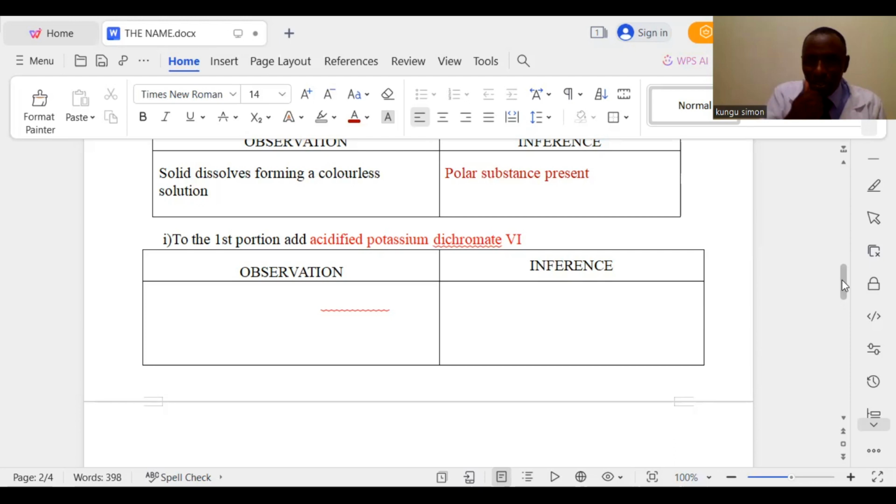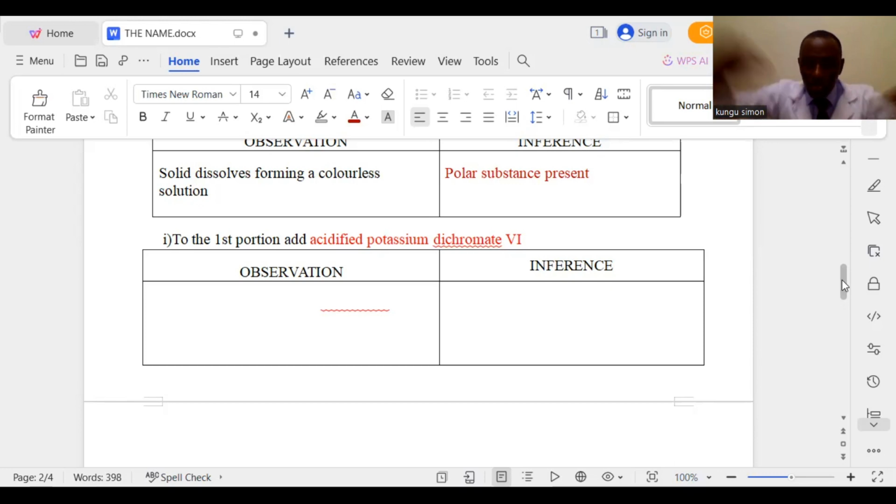I repeat it again because in organic chemistry, there are two reagents that we can use to confirm some compounds or homologous series. We have potassium dichromate VI, which confirms the ROH. We also have bromine water, which confirms the presence of unsaturation, that is the triple and the double bond.